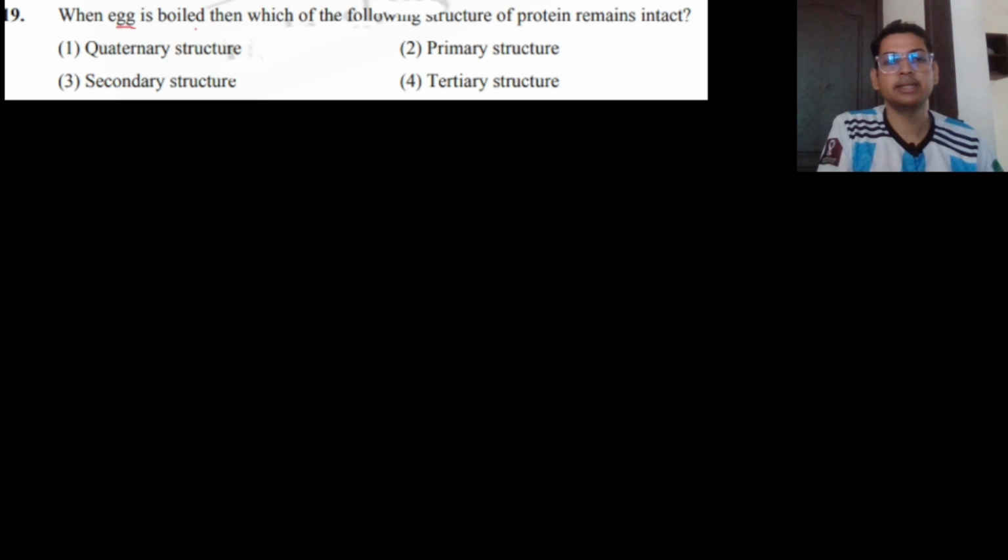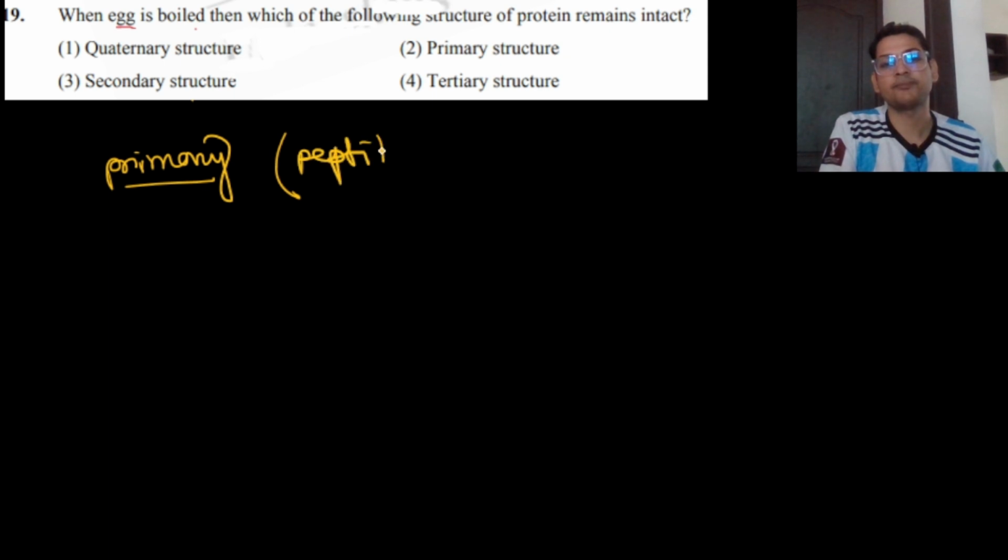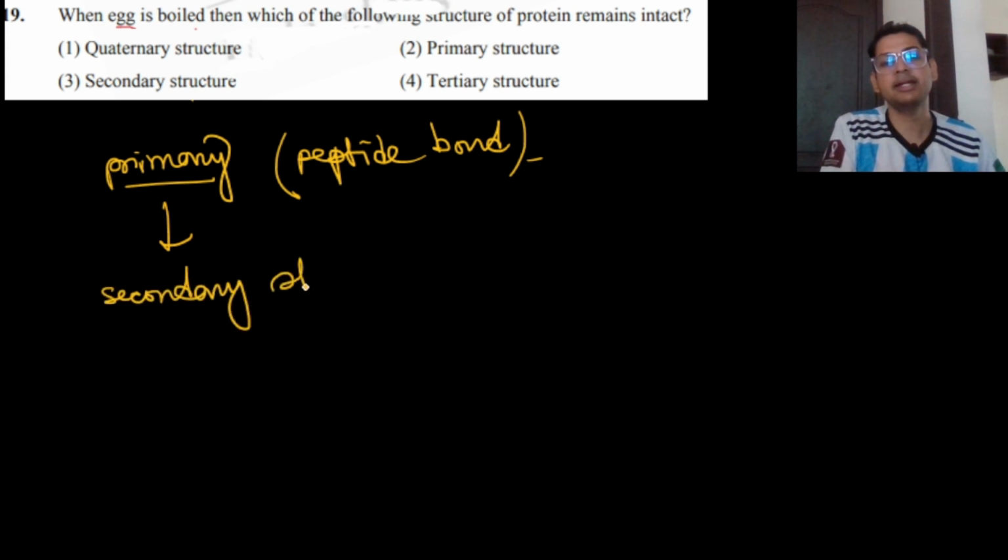Okay, so for protein, there are four kinds of structure. One is the primary structure. In the primary structure there is only the peptide bond. From the primary structure you will get the secondary structure. In the secondary structure, what happens? You have two things.